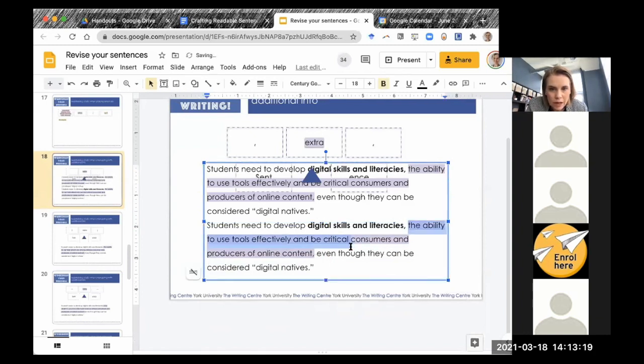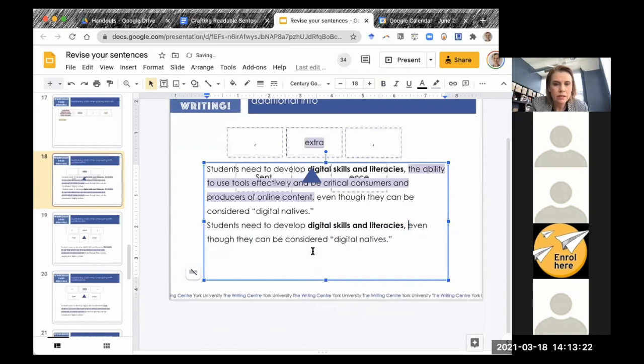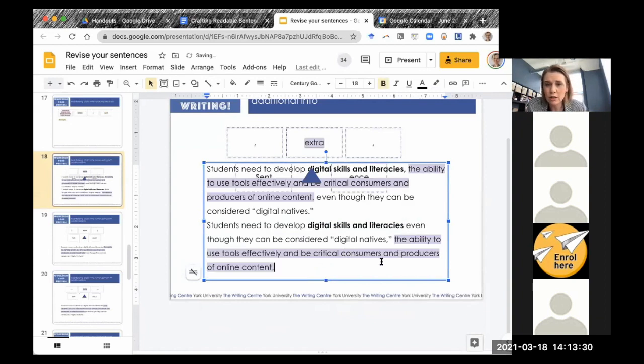So if I took this and put it at the end of the sentence, let me stick a comma here, add this on, put a period. It just would make no sense because right now, if I did that, the ability is automatically, just grammatically modifying digital native. And it's not. A digital native isn't an ability, it's a person.